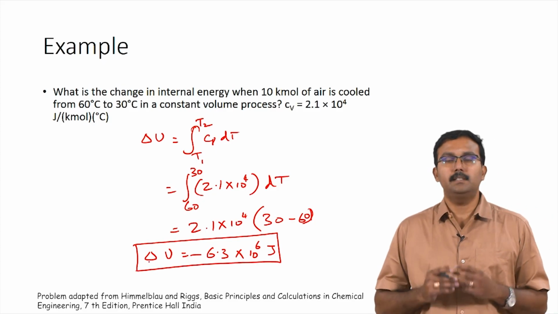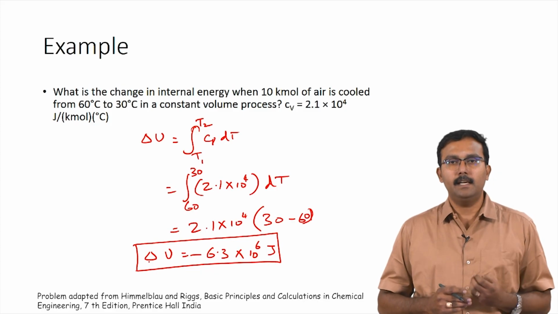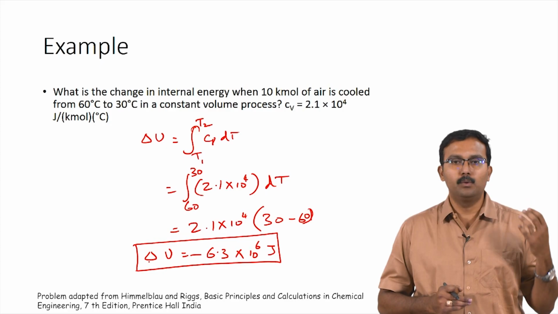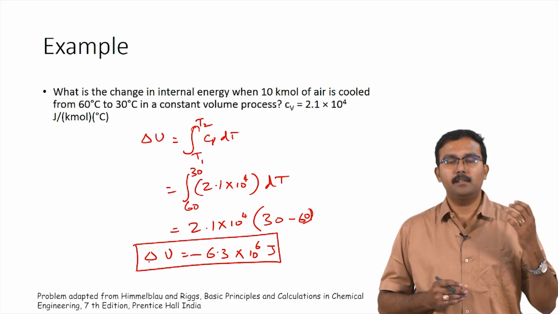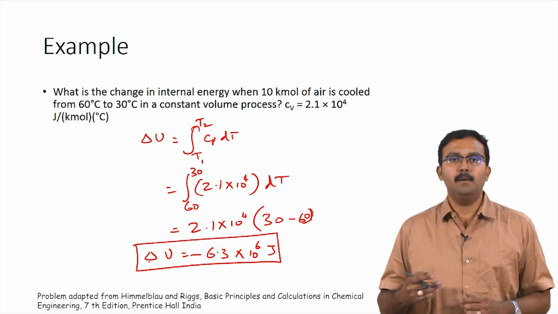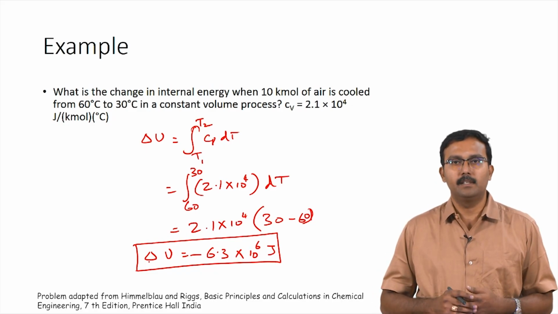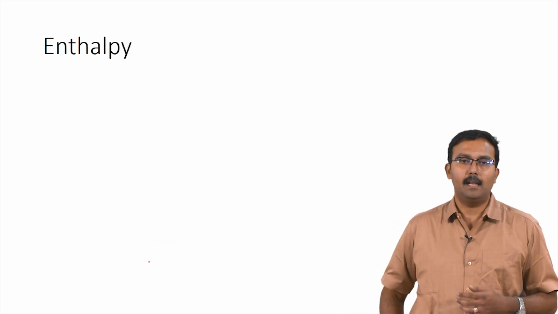So, this is the change in internal energy. What you observe here is the delta U is negative. This is because the system has actually been cooled from 60 degree Celsius to 30 degree Celsius. When temperature difference is negative, you would end up with the change in internal energy also being negative. So, let us move on to the next concept, which would be the enthalpy.